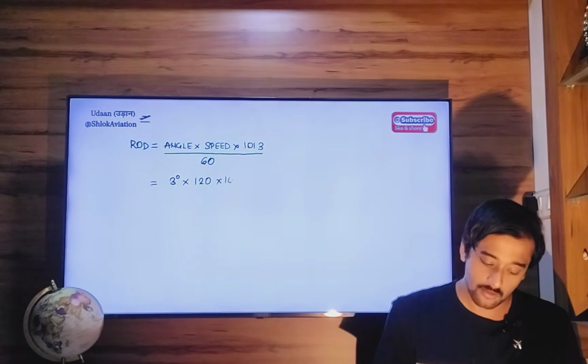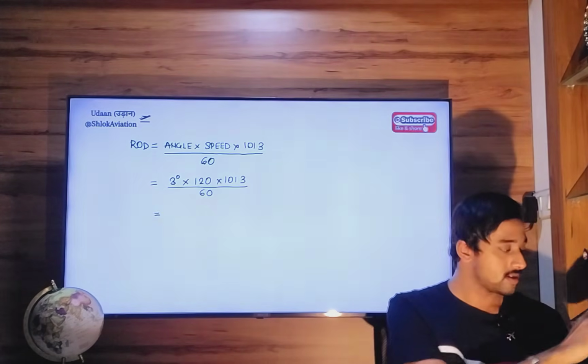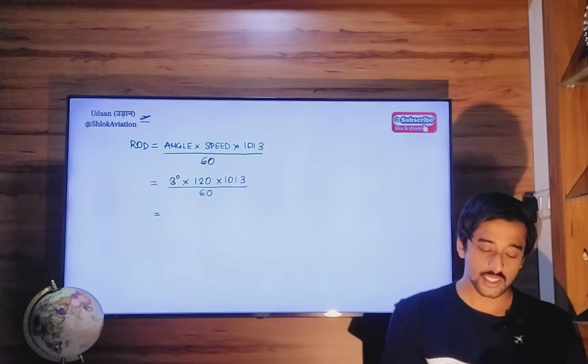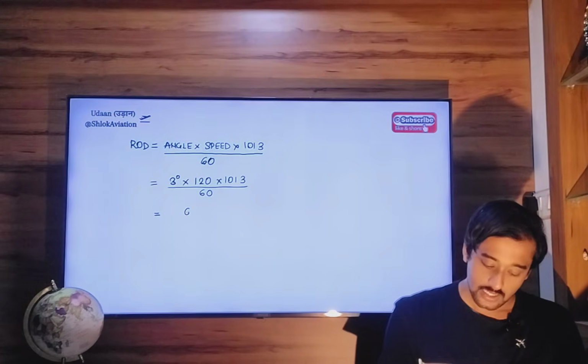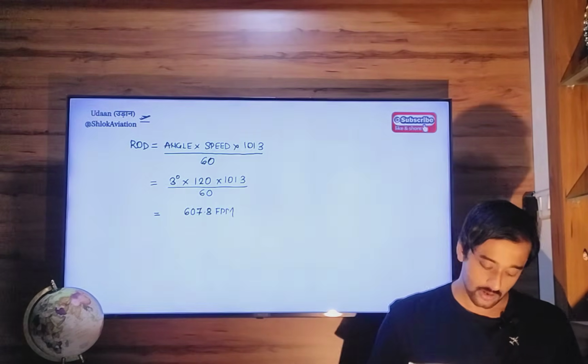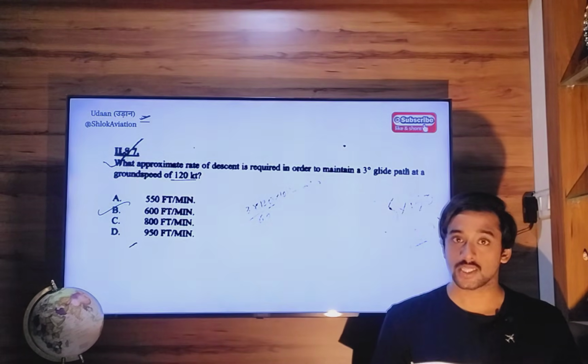So 3 into 120 into 101.3 divided by 60 is 607.8 feet per minute. So the closest option here is option Bravo, 600 feet per minute.